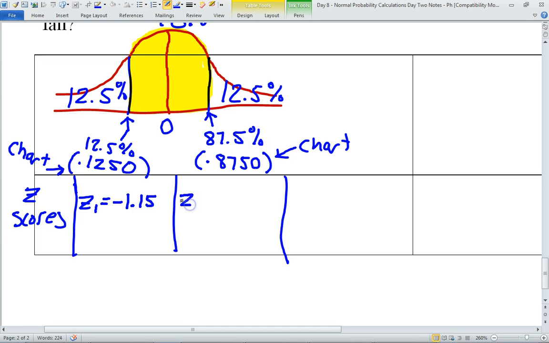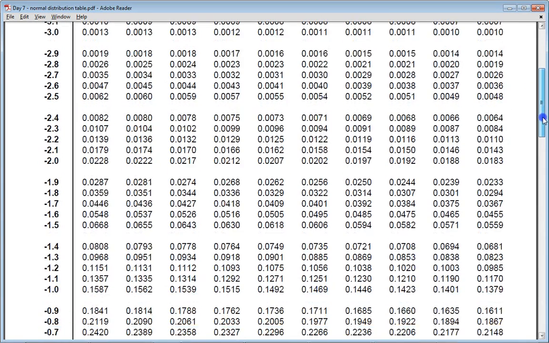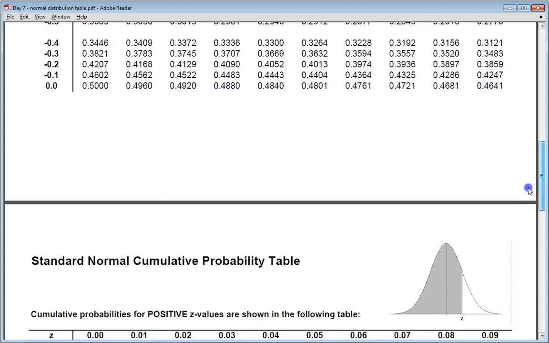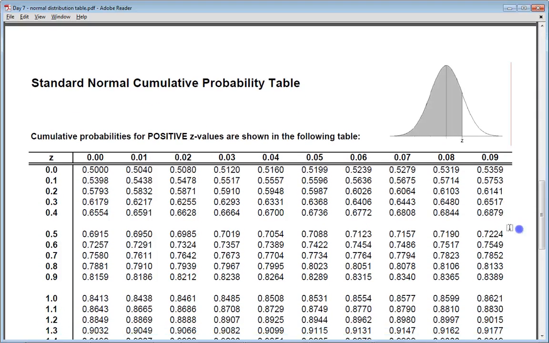Okay, now let's do the other z-score. 0.8750. Okay, we are looking for 0.8750. These numbers seem too small. 0.4. Okay, this starts off at 0.5. Okay, I see some 0.8s down here.